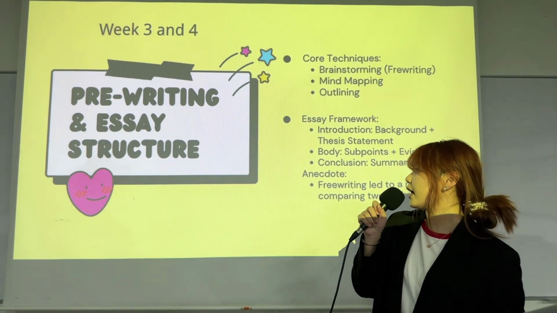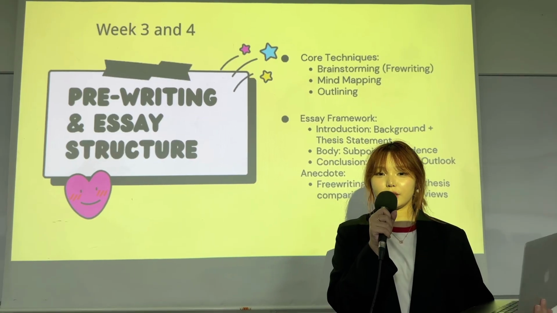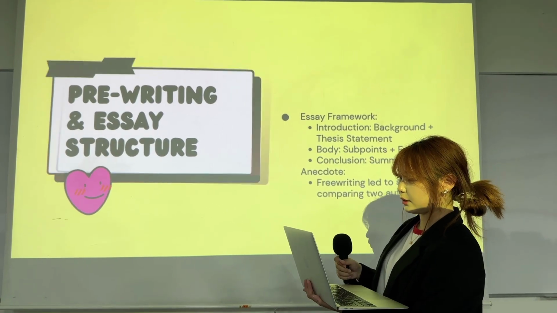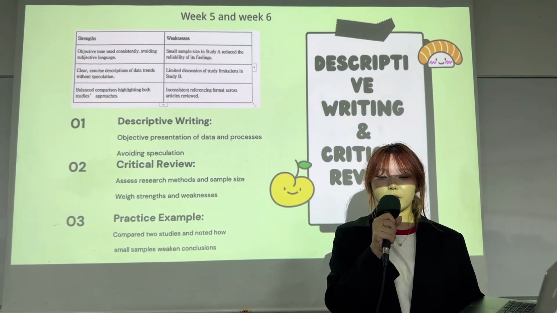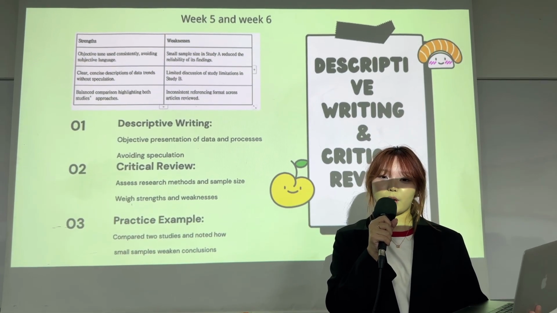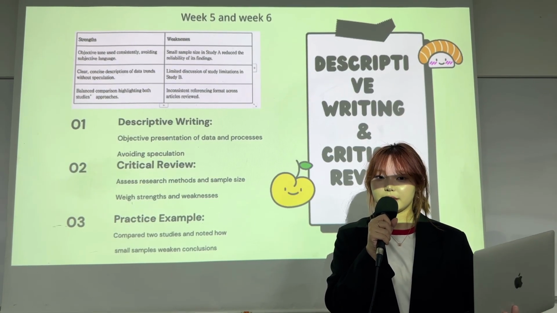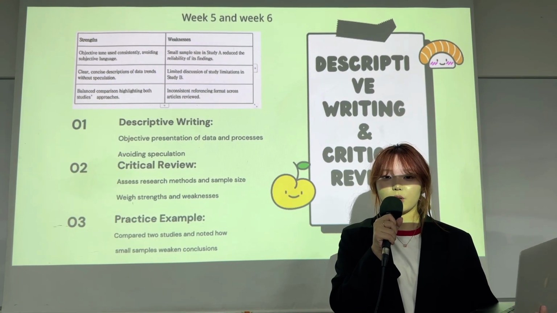So with a solid outline, I was ready to write descriptively and critically in weeks 5 to 6. In weeks 5 and 6, our focus was on learning to write descriptively, writing objectively, representing data and processes, and writing critical reviews.